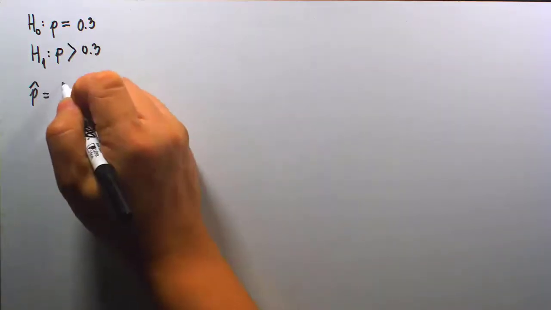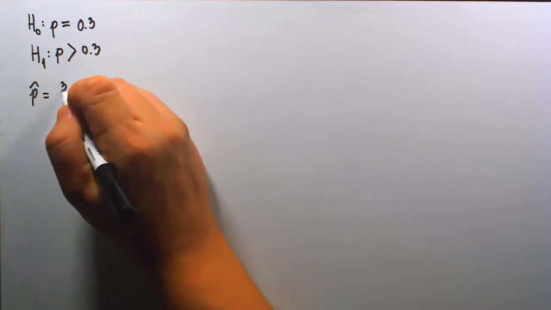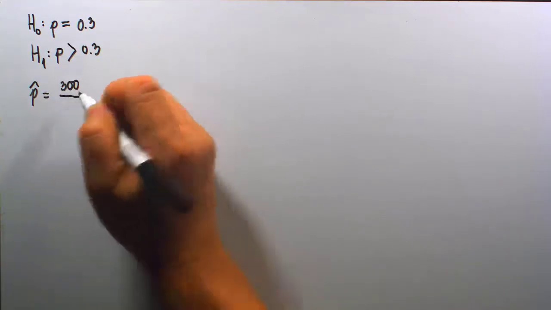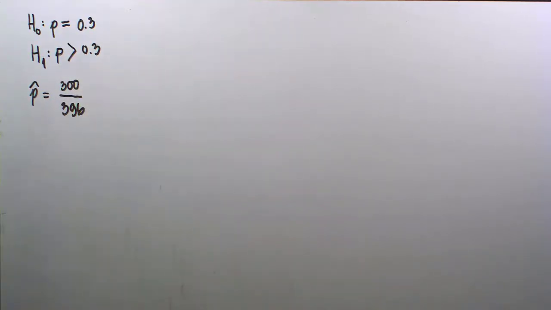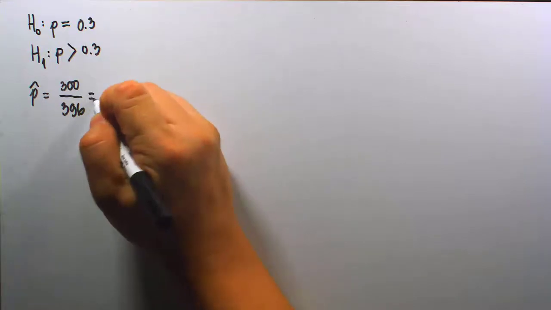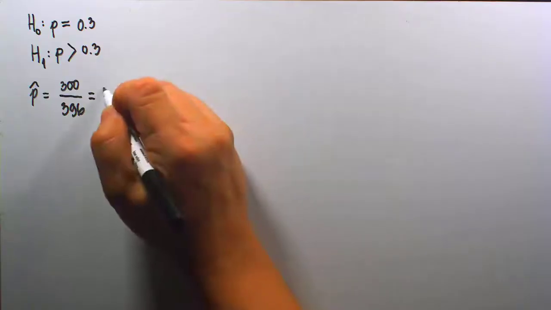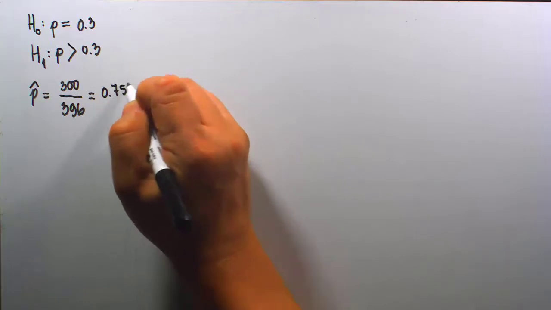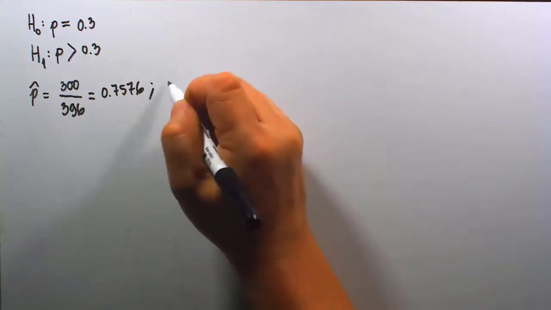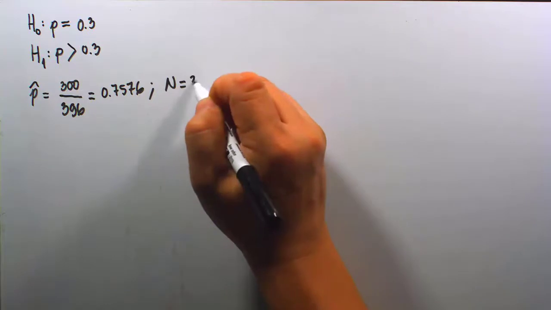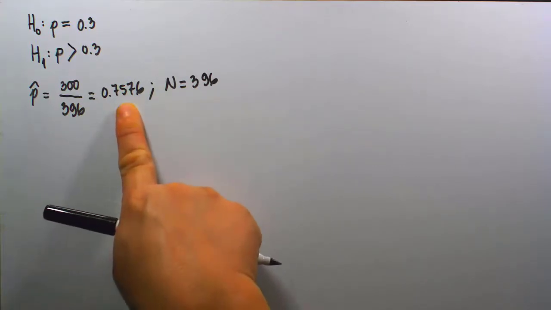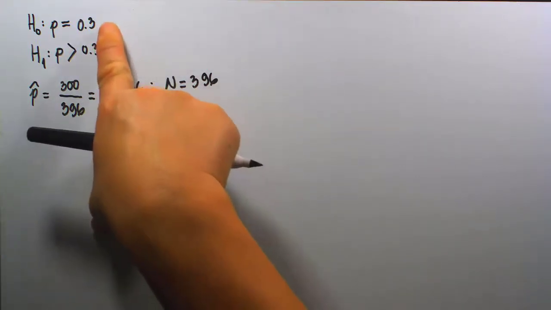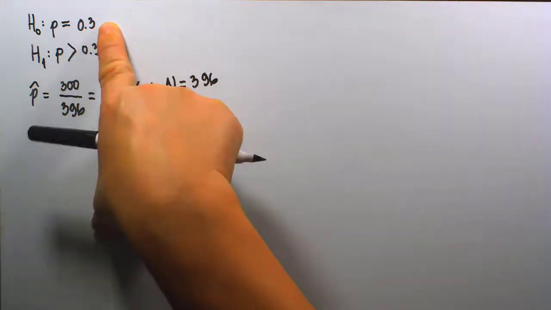And so our sample that we used was, we found 300 iPhone users in a sample of 396 cell phone users. And this sample, according to our calculation step, we came to 0.7576. And the sample size we used was 396. And so, of course, this sample itself is already much above the value being claimed here.